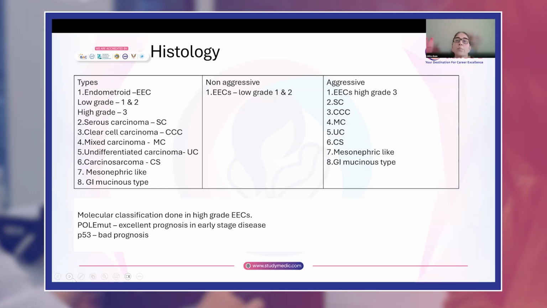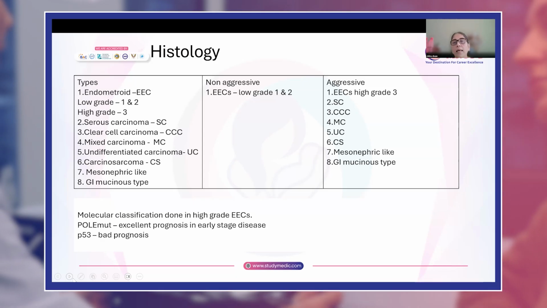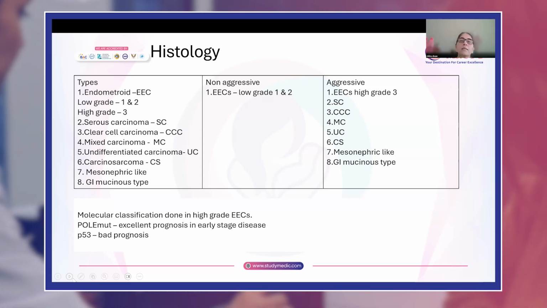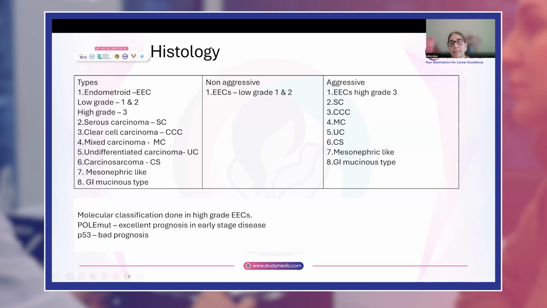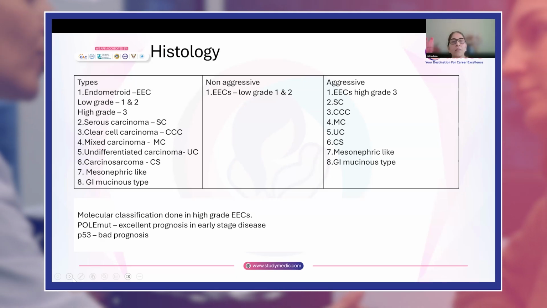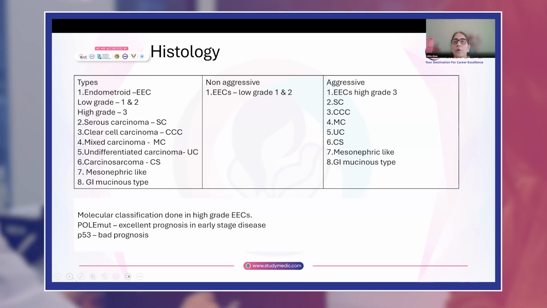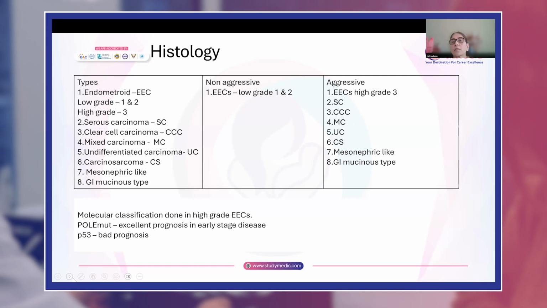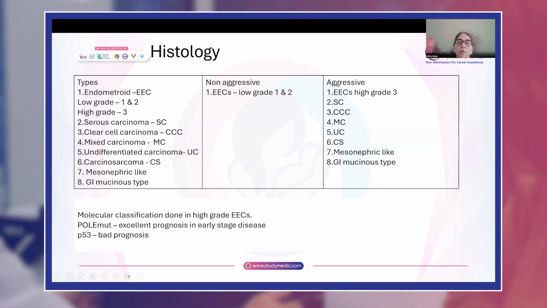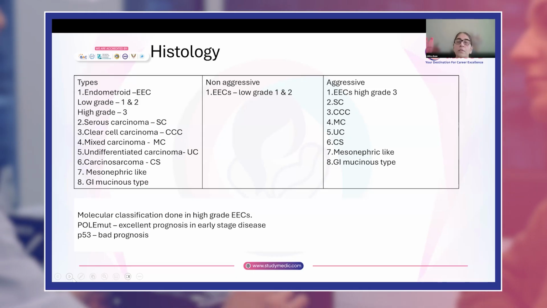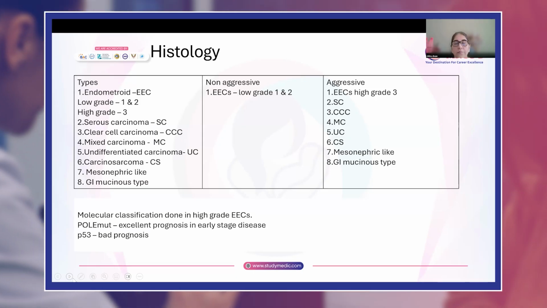Now, why is it important to know the histological type? Because some of them are non-aggressive and others are aggressive. And even this is counted when you do the staging. The new FIGO 2023 staging takes into account the histological type of tumor. So whenever it is endometrioid, low grade, that is grade 1 and 2, these tumors are considered to be non-aggressive.